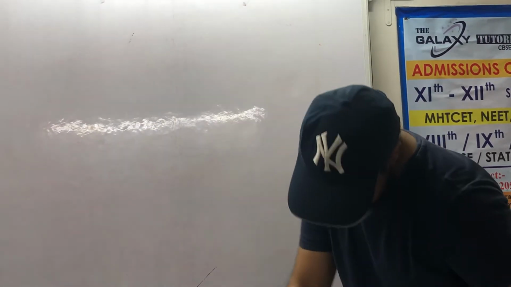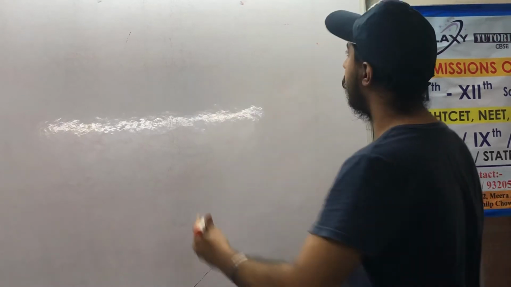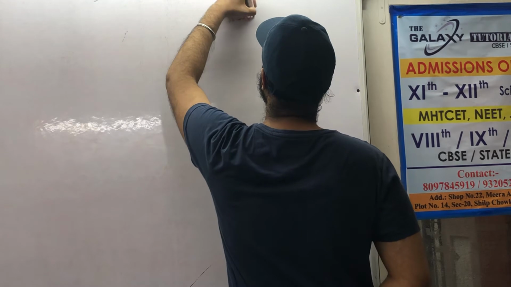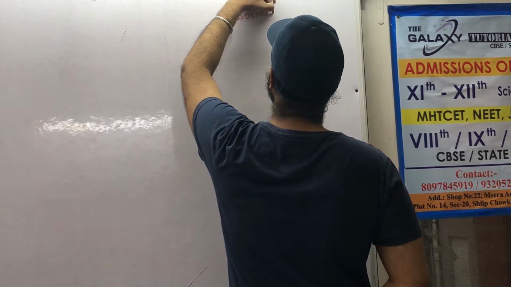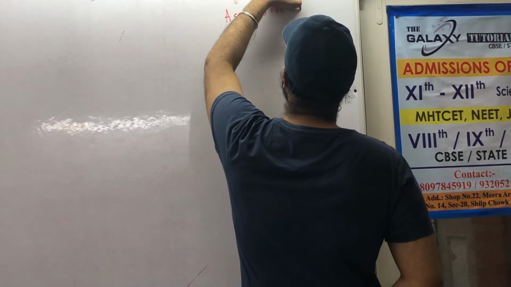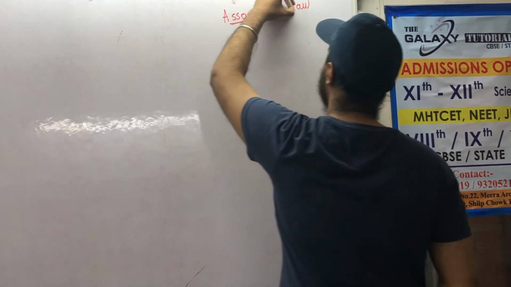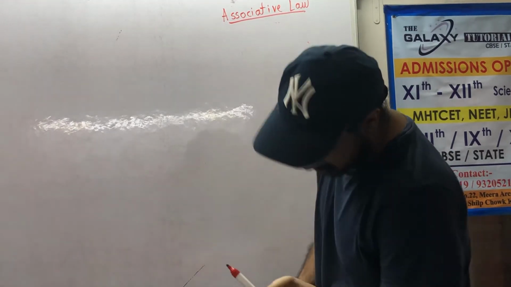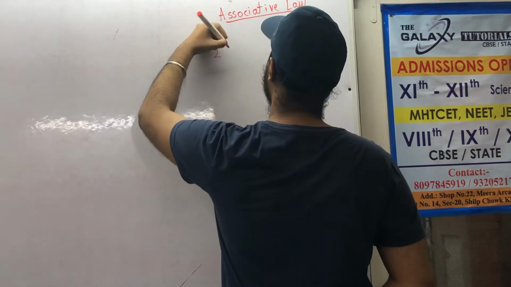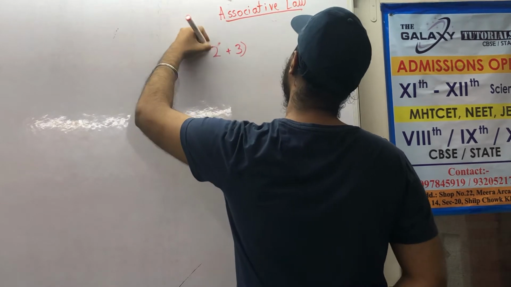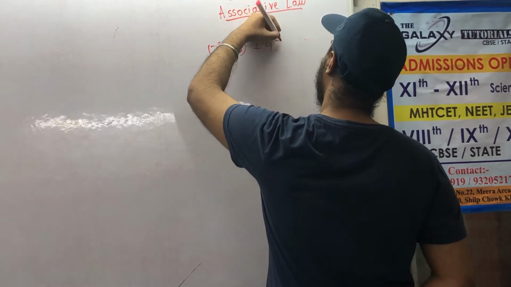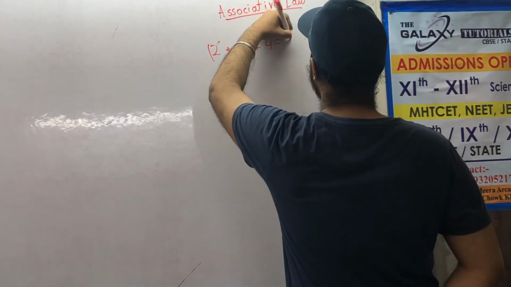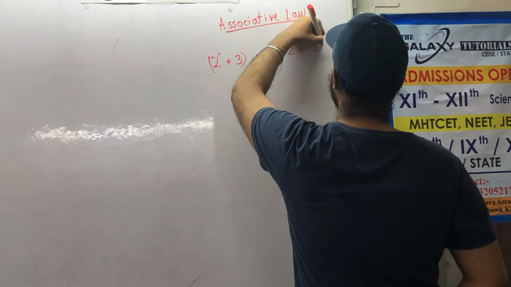Next law is the associative law. Okay, now we will see this one in detail. As you all know, in associative law, I will give you one example. (2 plus 3) plus 4 is equal to 2 plus (3 plus 4).